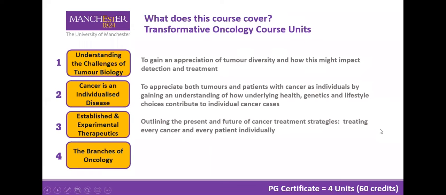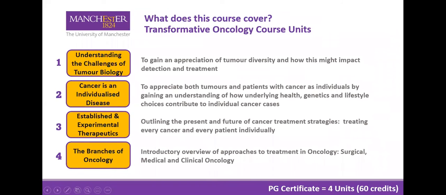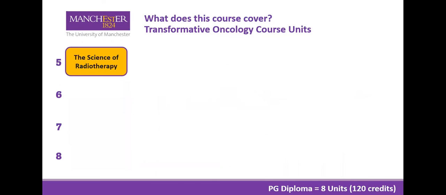And in the fourth unit, we look at the branches of oncology. So this is really an introductory overview to the approaches to treatment across the board in oncology. So whether it's surgical oncology, medical or clinical oncology, and how these different specialities intersect and work synergistically for the best outcome. Moving on to the fifth unit, this is all about the science of radiotherapy. So it's really gaining an understanding of one of the cornerstones of cancer treatment.